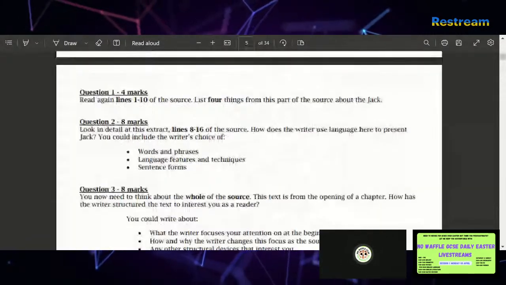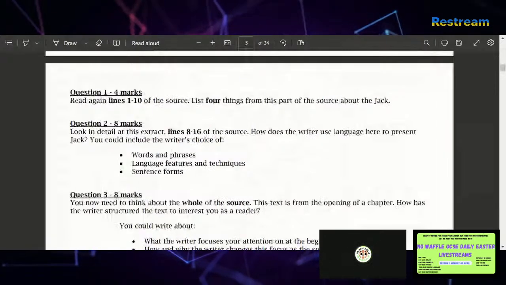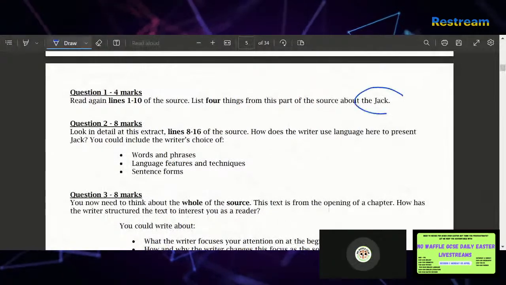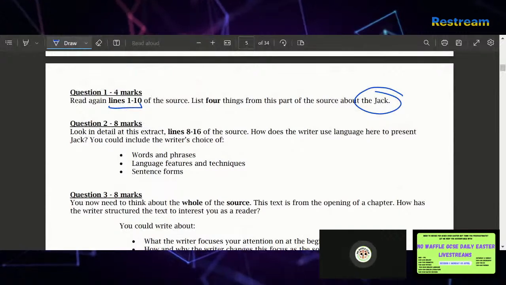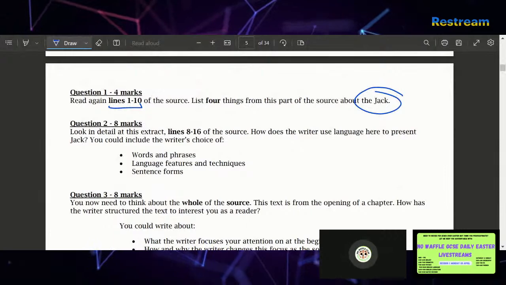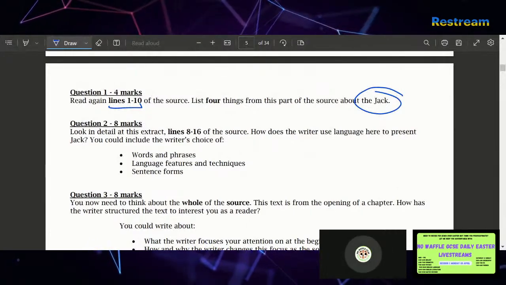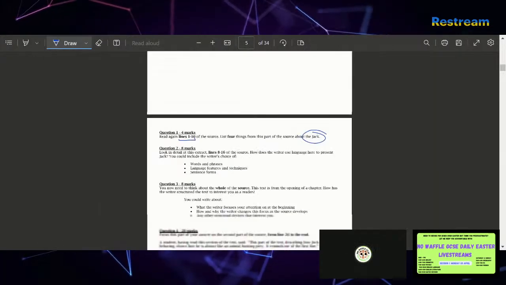The question: read again lines 1 to 10 of the source. List 4 things from this part of the source about the jack. So we've got the line numbers that we're reading from, and the really helpful thing about this is that by reading the first question, you already know that from lines 1 to 10, you're already going to be answering a question. So let's read 1 to 10.